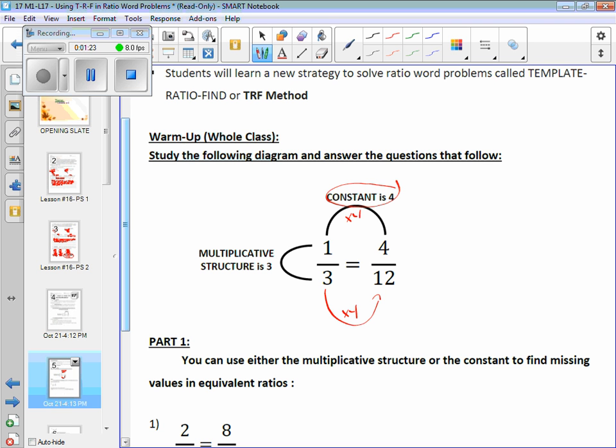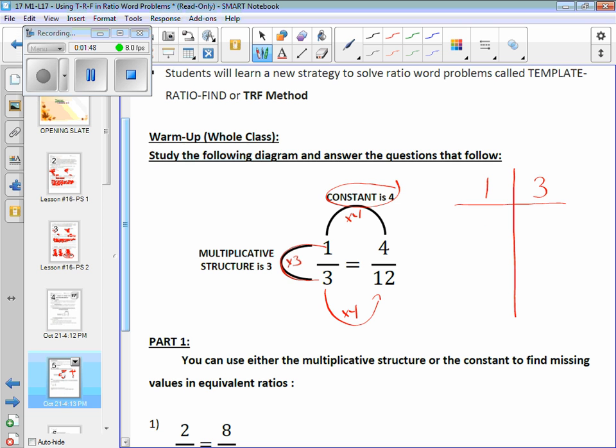You can also look at it this way. What's the relationship between the 1 and the 3? Times what? That's what we mean by multiplicative structure. Now don't write this out, but I want to show you what this looks like when you did it as an equivalency ratio table. That's my ratio 1 to 3.